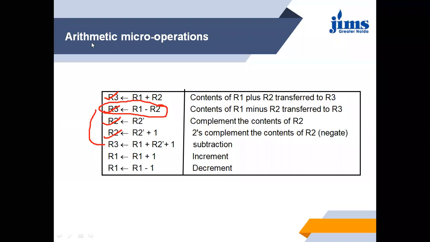Then we discussed the increment as well as decrement. So these are some basic operations that are performed in arithmetic micro operations.